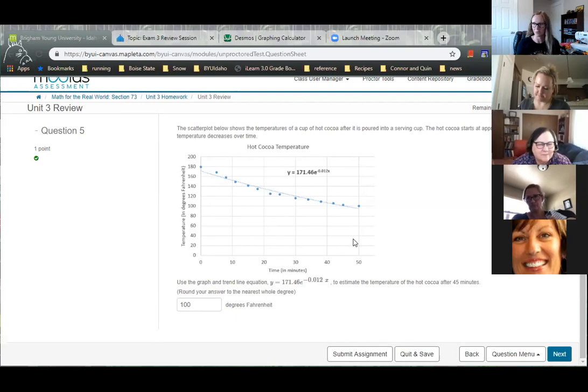On my calculator, E to the negative 0.54 gives me a nice decimal, 0.5827, and it goes on from there.